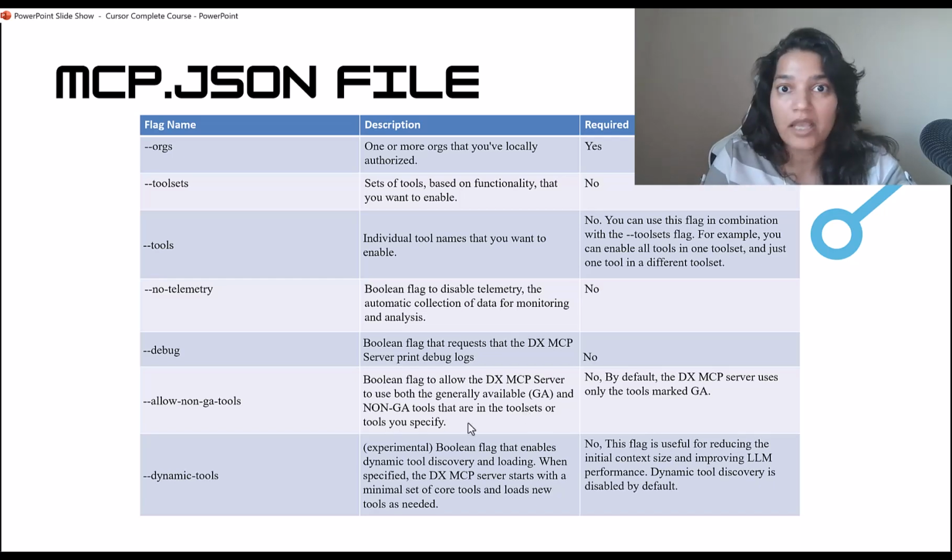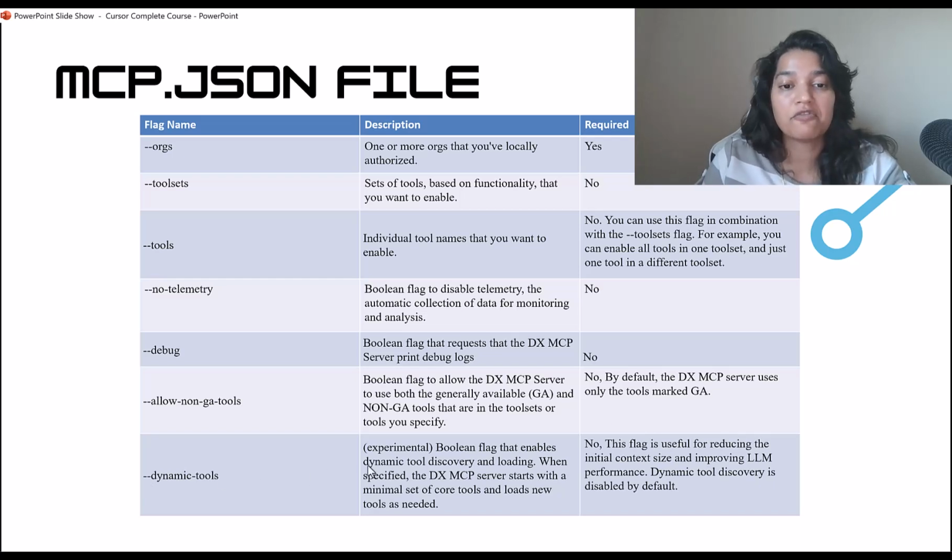So if you want everything to be available to Cursor, GA as well as non-GA tools, you're going to set the value of this flag to true. By default, the DX-MCP server uses only the tools which are marked GA, meaning they are generally available.